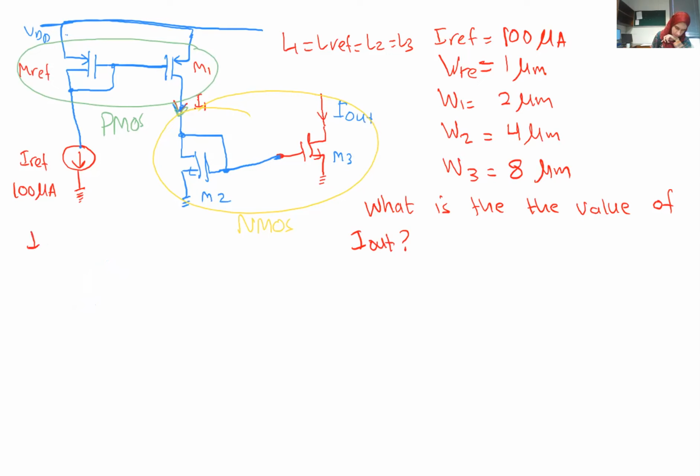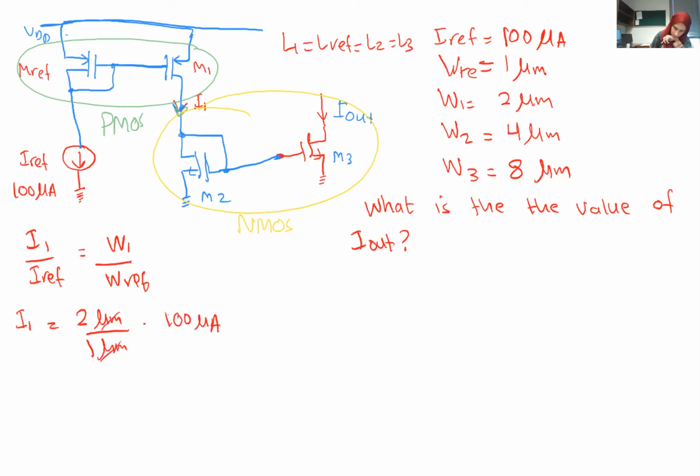So I1 over IREF equals W1 over WREF, and therefore W1, which is 2 micrometers, divided by WREF, 1 micrometer, times 100 microamps.